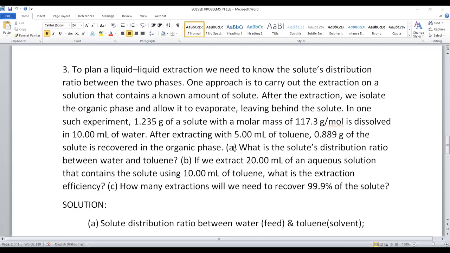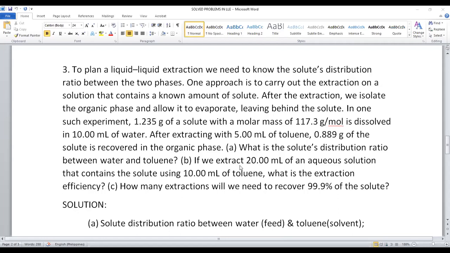After extracting with 5 ml of the organic solvent toluene, 0.889 grams of the solute is recovered in the organic phase. This is the recovered part. What is the solute's distribution ratio between the water and the toluene? The water is the raffinate because it's the water-rich layer as we refer to it. The toluene is the solvent-rich layer, which is your extract.